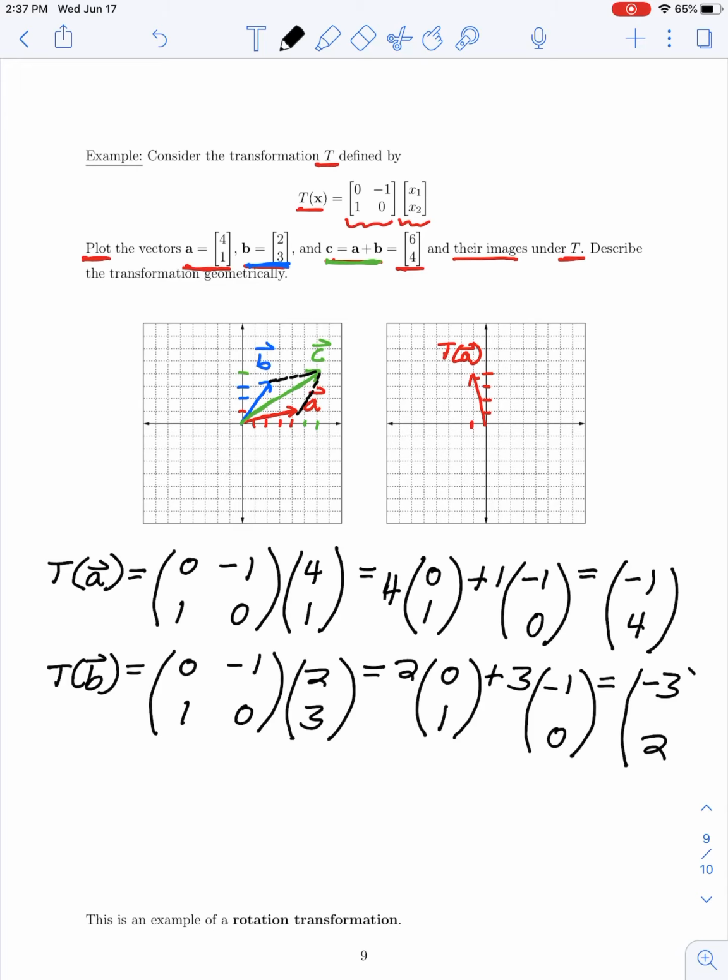So we're left with (-3, 2). So here the vector (-3, 2) is shown here. Notice that for our vectors A and B, we reversed the components and made the first component negative. And so let's look at the transformation of C.